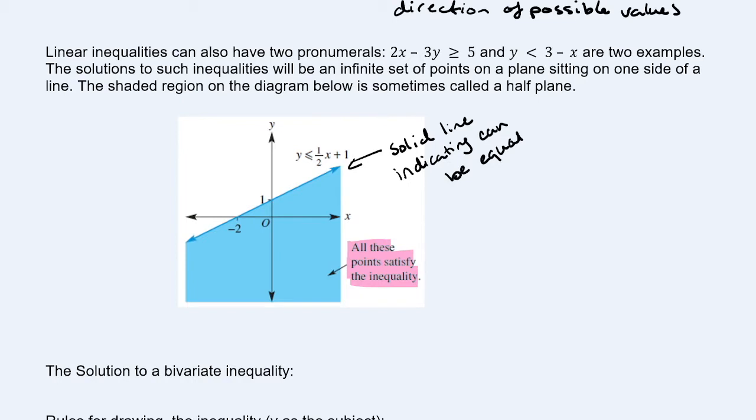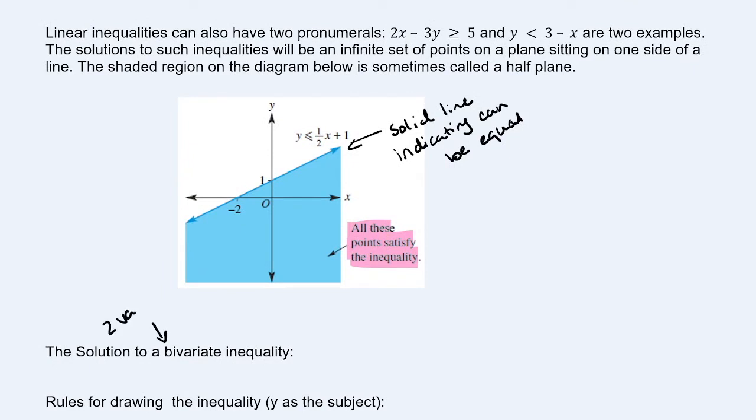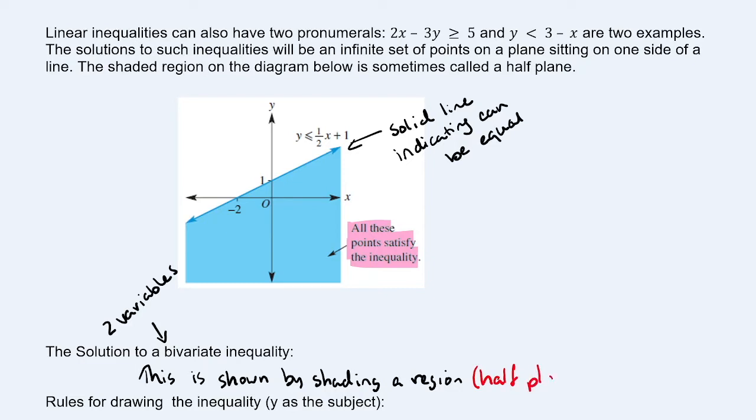Anything in that blue shaded spot will satisfy, from the line down. The solution to a bivariate inequality, so one with two variables, is shown by shading that region, and it can be called a half plane.